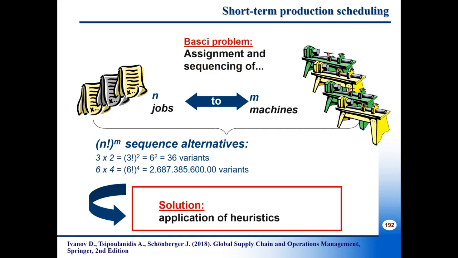For 6 jobs and 4 machines, there are more than 2 billion variants. Therefore, finding an optimal sequence is a huge task, and a feasible approach in machine scheduling is to apply heuristics.